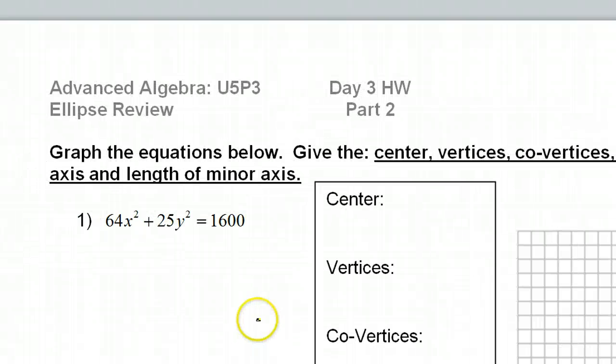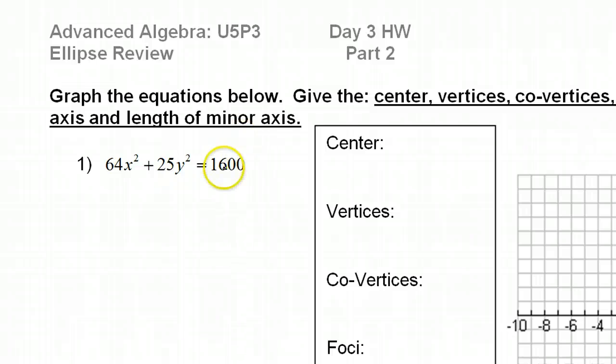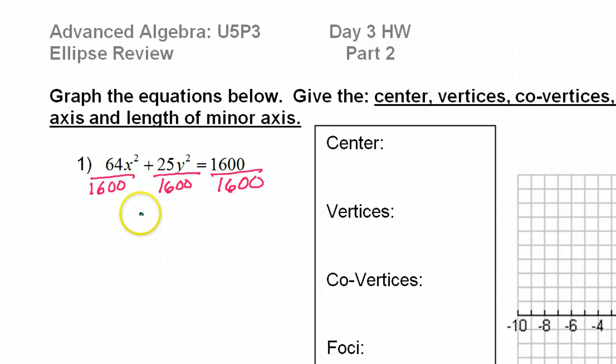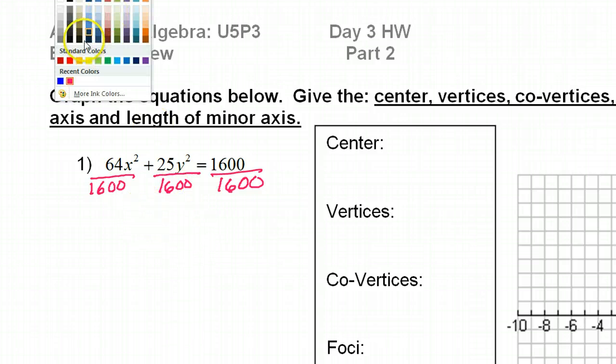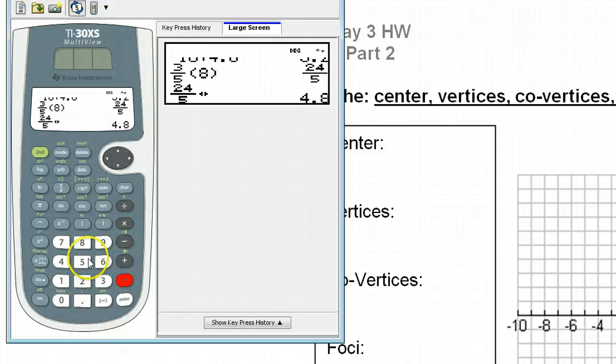Alright, let's go ahead and put this in standard form. This has to be 1 over here on the right hand side, so let's divide both sides by 1,600. How many times does 64 go into 1,600?